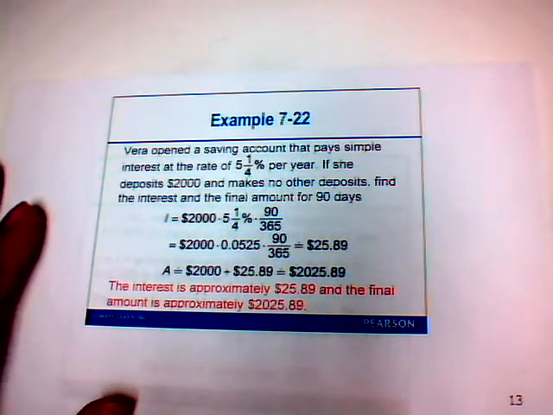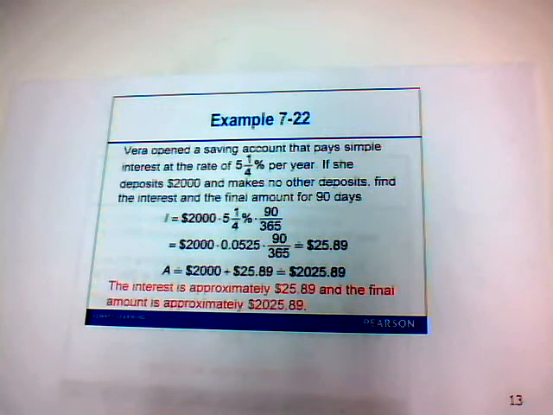Look at this example. Vera opened a savings account that pays simple interest at a rate of 5.25% per year. If she deposits $2,000 and makes no other deposits, find the interest and the final amount for 90 days. So we're going to use the simple interest formula.